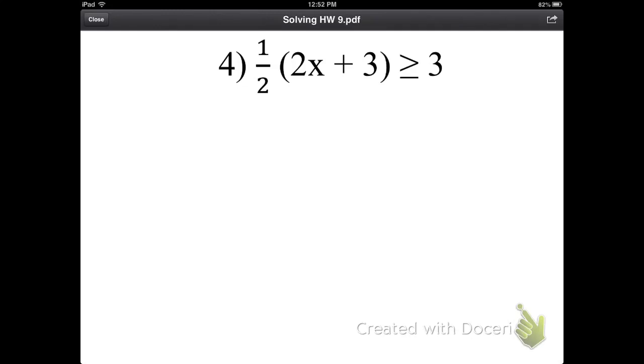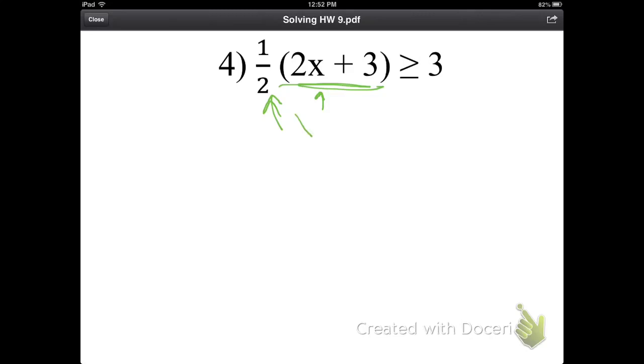Next item. This is not a compound inequality, but it's one of those nasty fraction things that we still need to continue to remember about. With this guy, notice that there are two things on the left side that are being multiplied together. You have the stuff in the parentheses and the stuff in front of the parentheses, the 1/2.